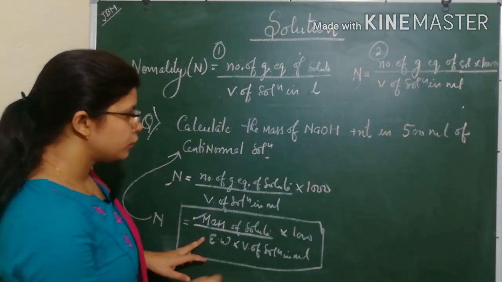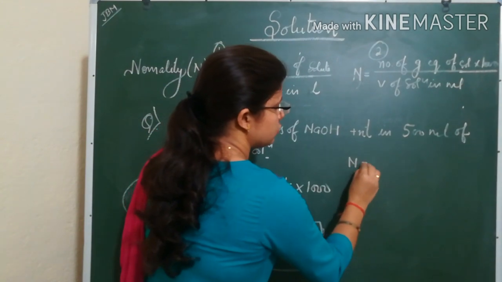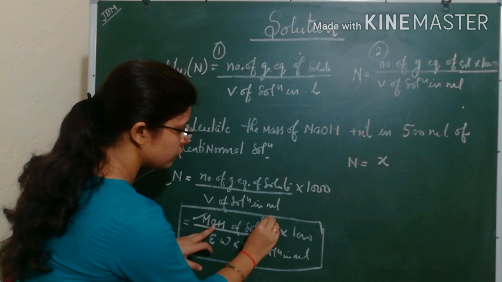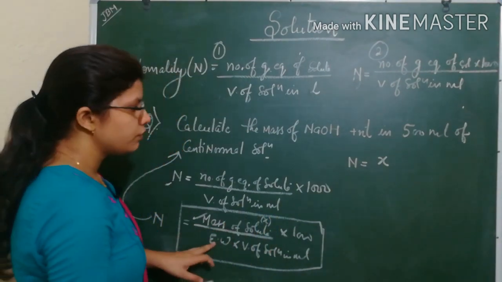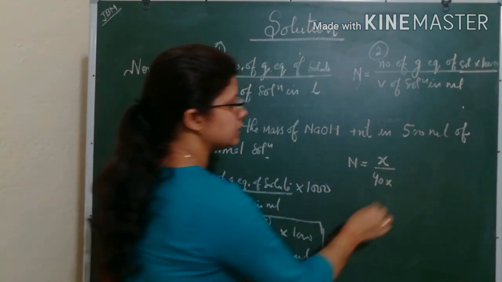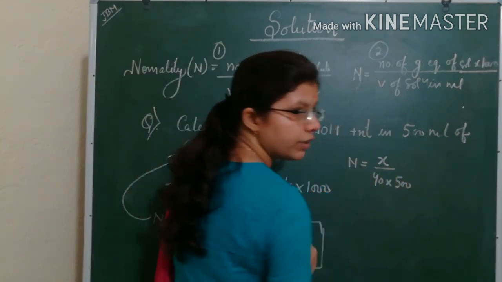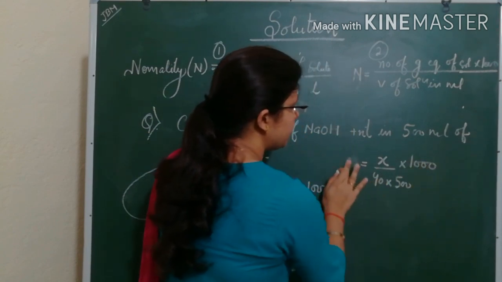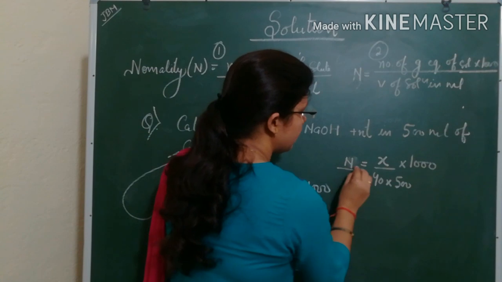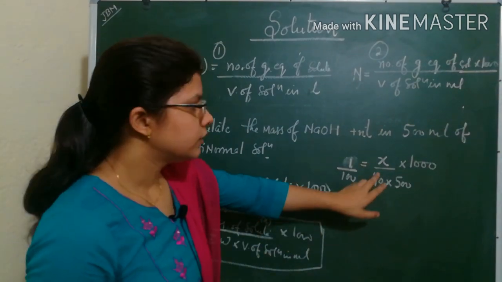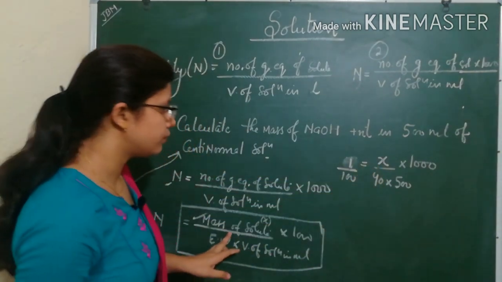Okay, so you will put here normality is equal to X. You have to calculate mass of a solute, we can represent with X. Equivalent weight is 40. Volume of a solution in milliliter is already given, 500, and it is given in milliliter, so we will multiply with the 1000. Normality of a solution is already given, N by 100, or we can write 1 by 100. Now solve this part, then you will get X, mass of a solute.